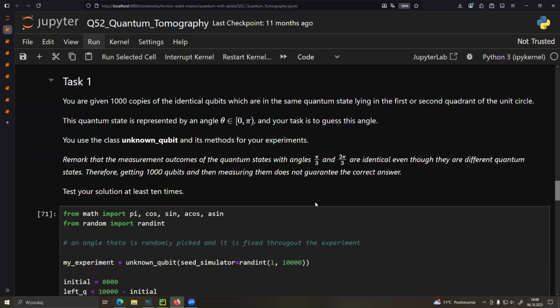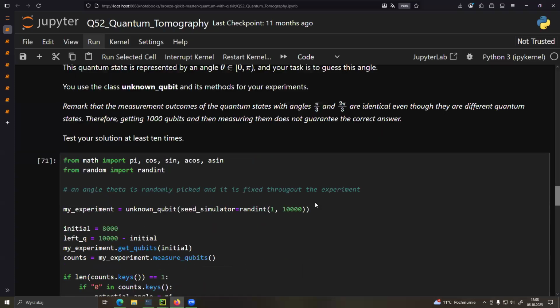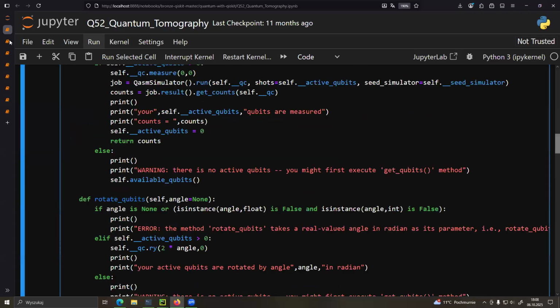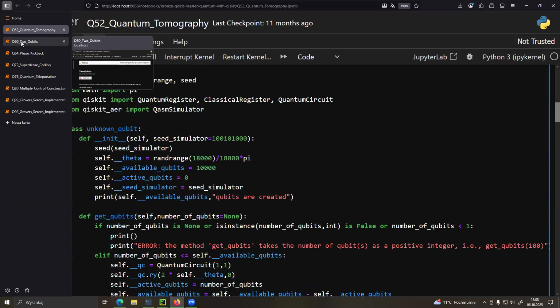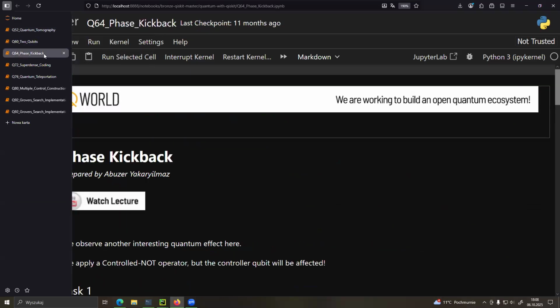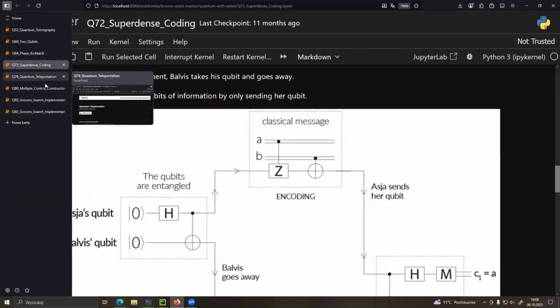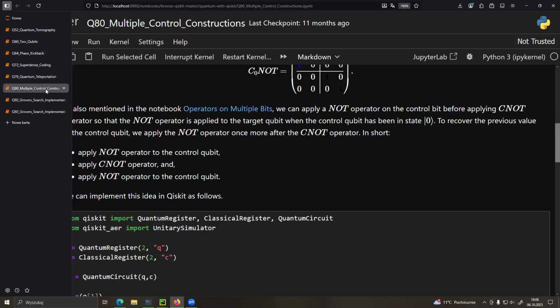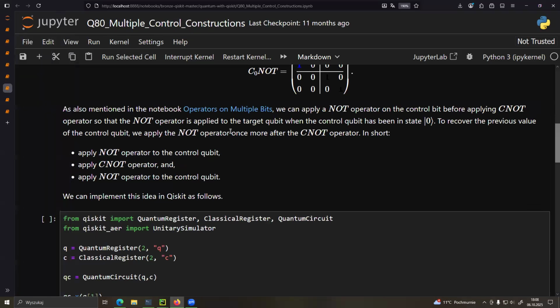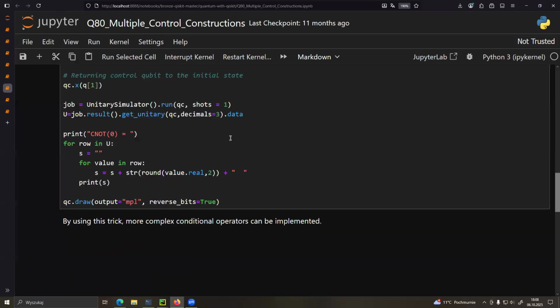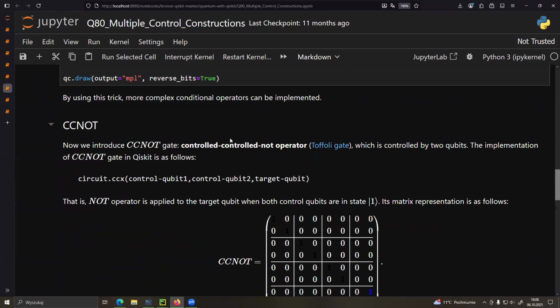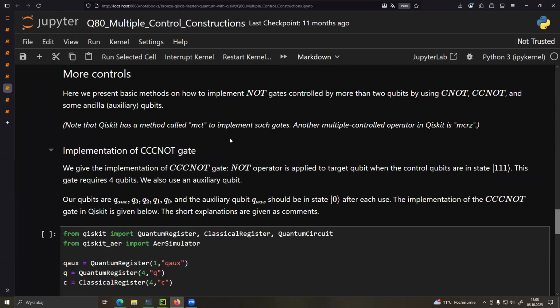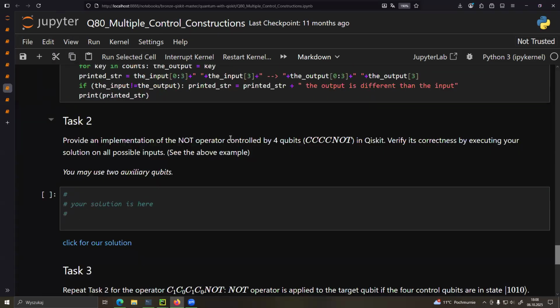Anyway, we start with quantum tomography, which finishes the lecture of day three, and then we go with 2 qubits, phase kickback, super dense coding, quantum teleportation, and multiple control constructions. So that's the plan for today.